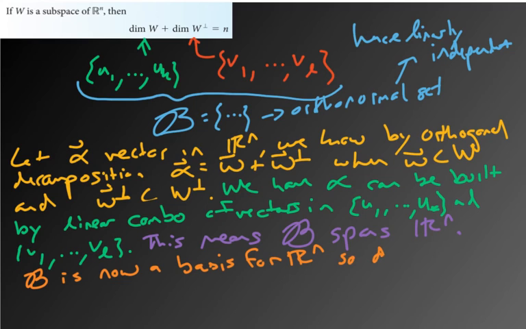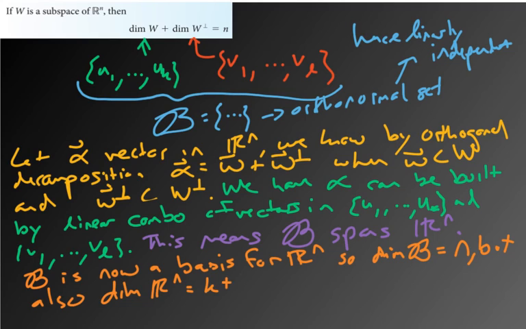So the dimension of this set is n. But also, the dimension of Rn would have to be k plus l, because that's just how many of these you have and how many of these you have.